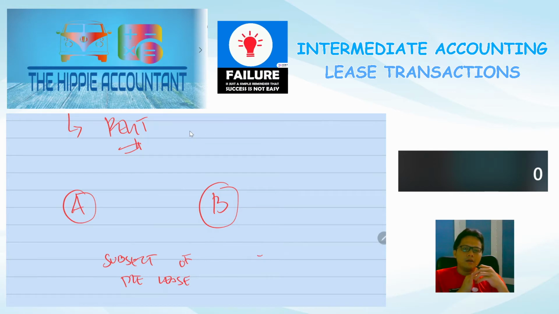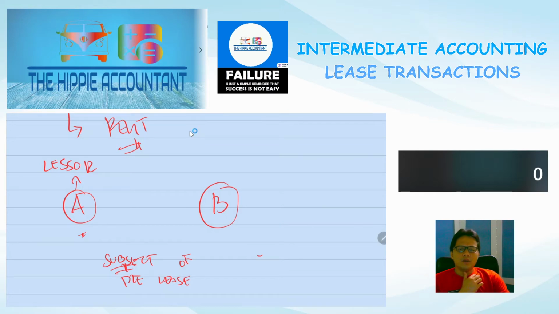It may be property, land, building, or it can be equipment, yung mga machinery, regardless of the value. The party who owns the subject of the lease, in a typical lease transaction, siya yung tinatawag natin na lessor. Let us represent that as A. Okay? As A.